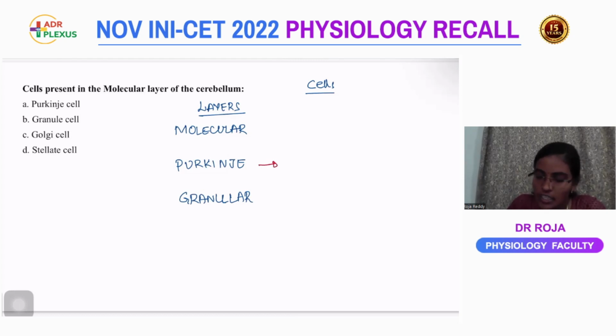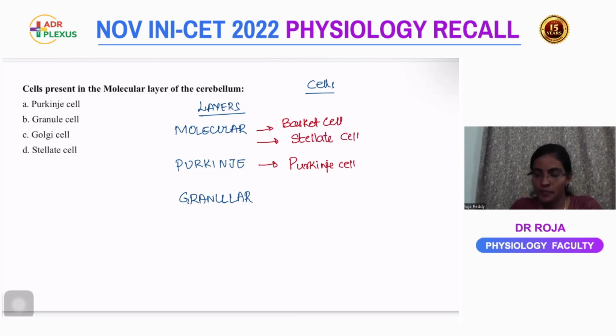Okay, now what are the various cells which are present in these layers? Now Purkinje cell layer, the name itself says that it is having the Purkinje cell, and in the molecular layer we have the basket cell and the stellate cell. Okay, and then we have the granular layer which has the granule cell, right, and the Golgi cell.